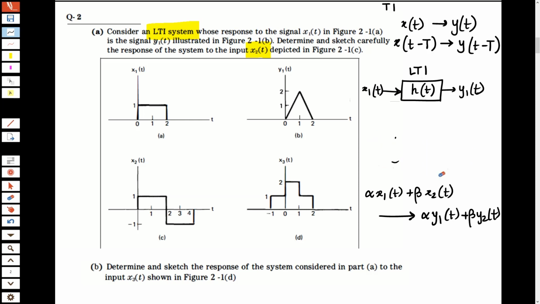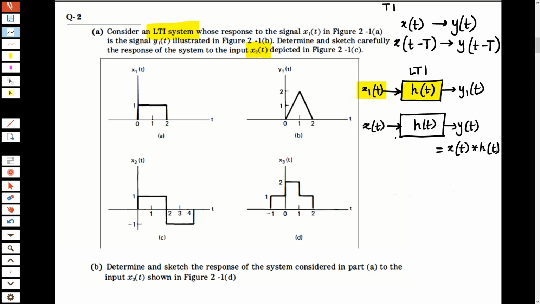So this is what linearity and time invariance guarantees for us. How this is important is because in this question, we do not know what is ht. If we know ht, the impulse response, and then somebody gives us an input, we know very easily how to find the output. The output is simply a convolution between xt and ht, right? But we do not know ht here. We only know that the system is LTI. So how do we proceed?